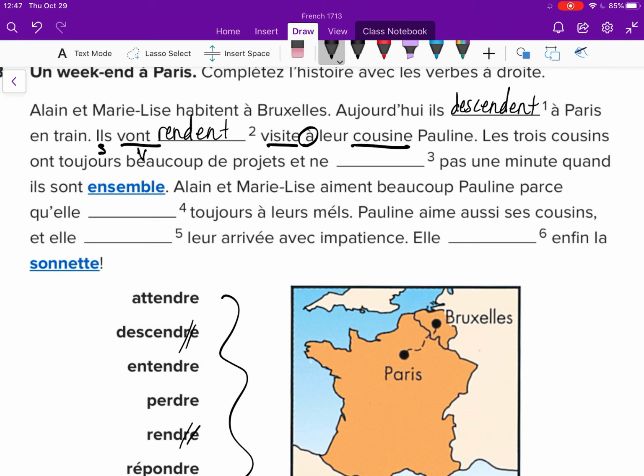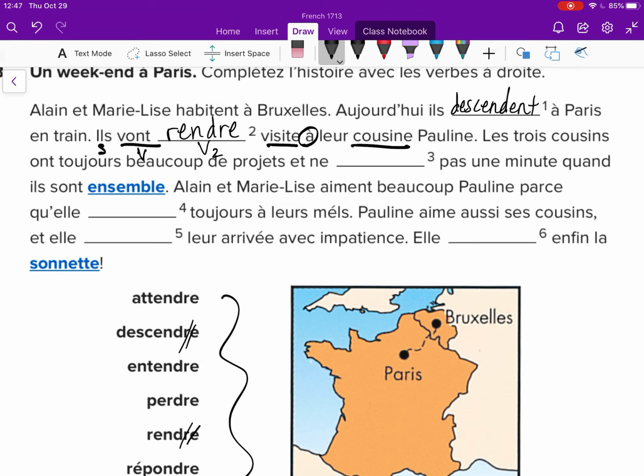We know that if I have one verb, then my second one shouldn't be conjugated. So if you tried to do this one, I get what you're trying to do. That's on the right track, but you have to watch out for this other situation where your second verb is being put in. You need to make sure that you're using an infinitive. So I'm actually not even going to conjugate it. Ils vont rendre visite à leur cousine Pauline. That makes it into your futur proche.